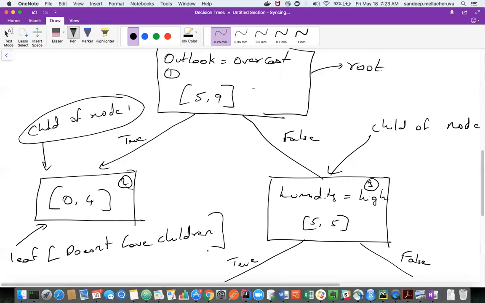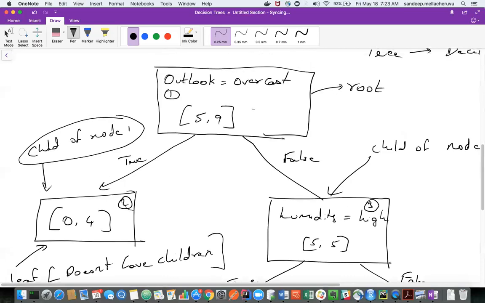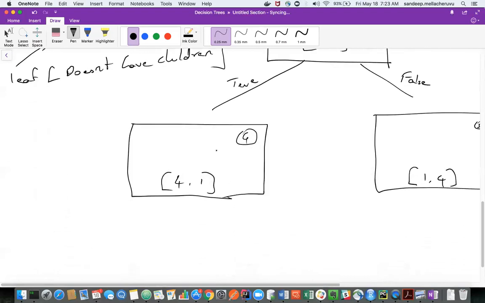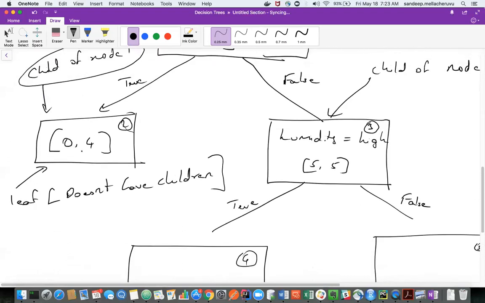Compare this with the normal trees that you see regularly in nature. Every tree will have some root and it will have some branches. Each branch will have some more sub-branches. Finally, there will be a leaf, where you will not have any more branches. That's why it is called a leaf.